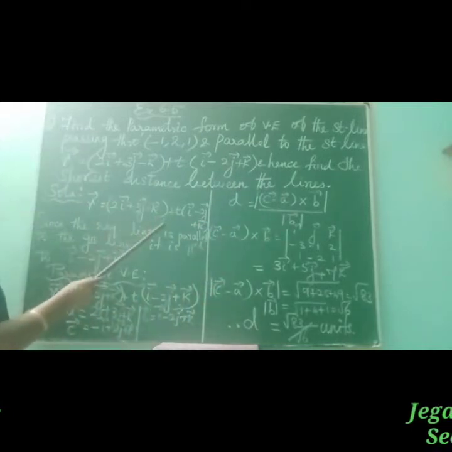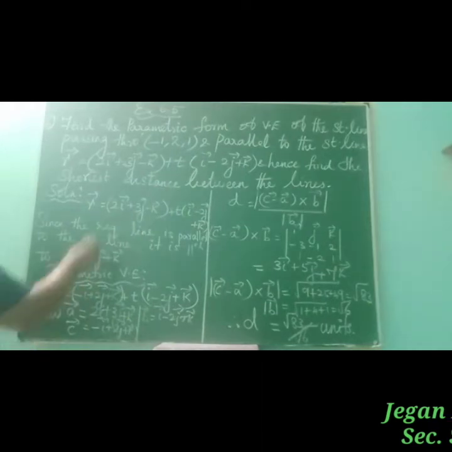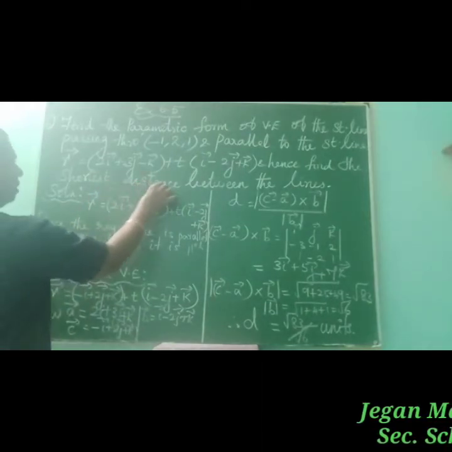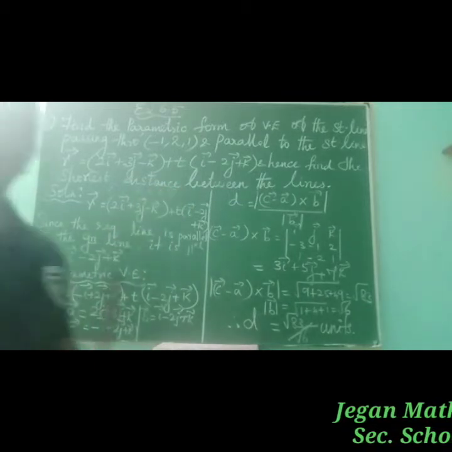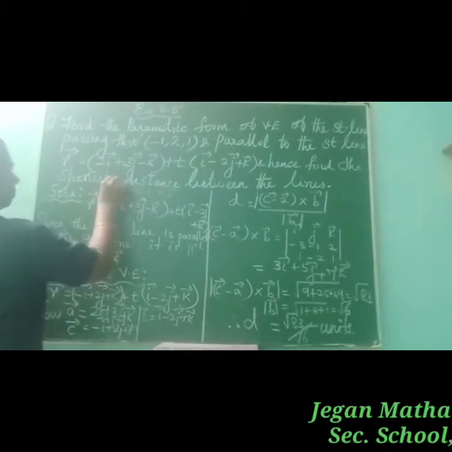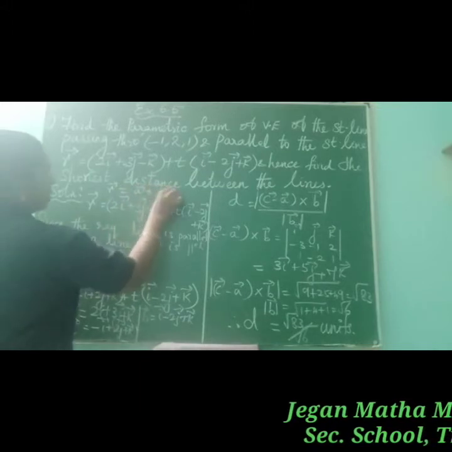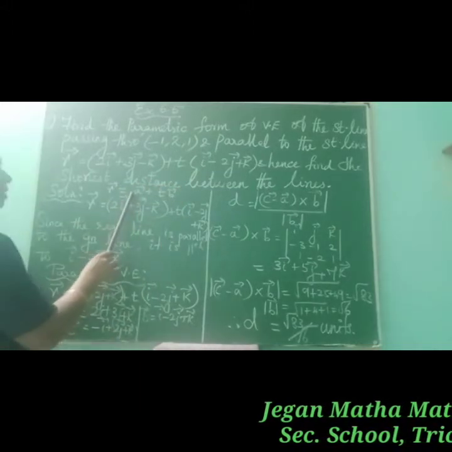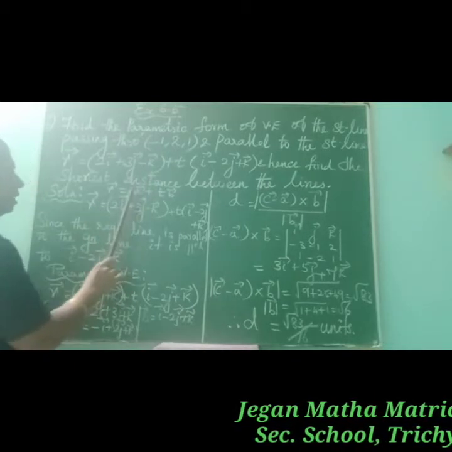We know the formula for the parametric form of vector equation: r vector is equal to a vector plus t into b vector. This is the formula for the parametric form of vector equation. So, the point given in the question you can consider here as the a vector.